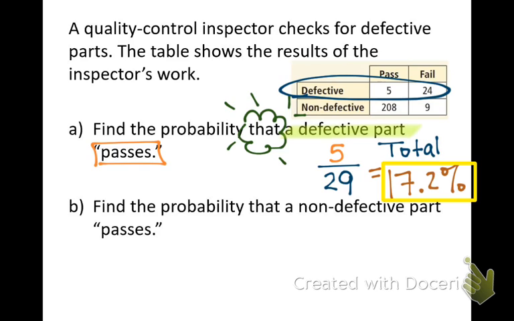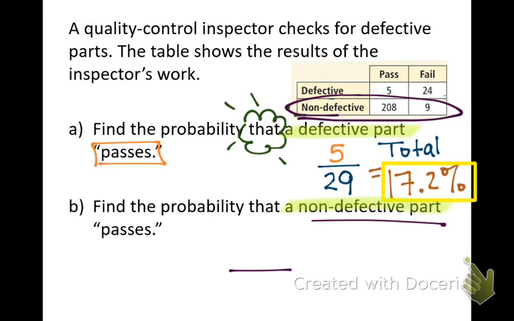All right, second, find the probability that a non-defective part passes. So that's my total. Let's find the total of non-defective first. How many total were not defective? 217. How many of the not defective passed? 208.